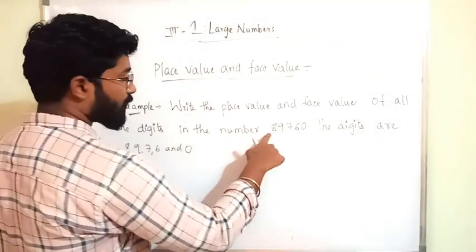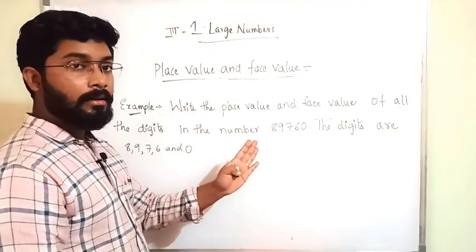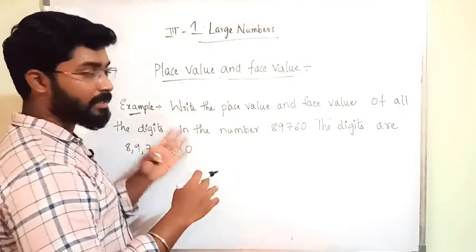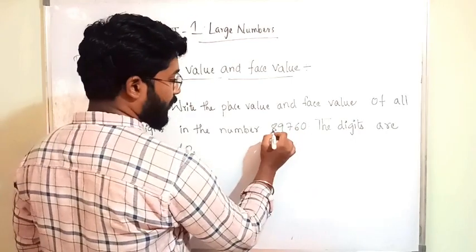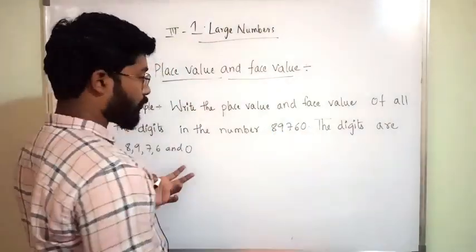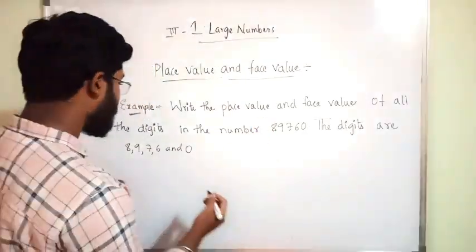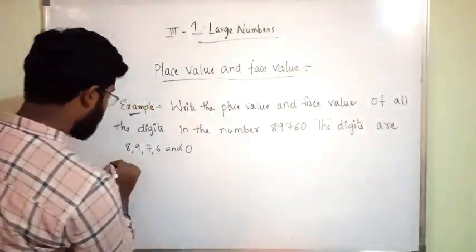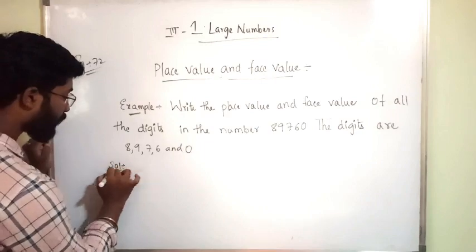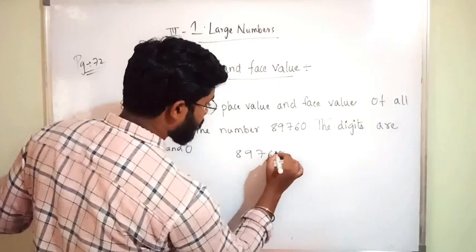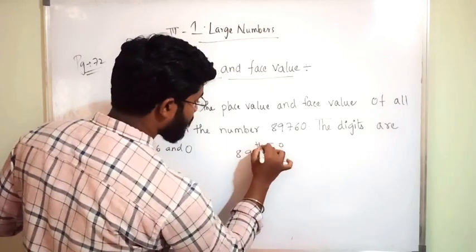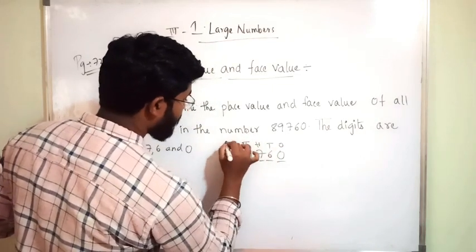So how many digits are there? For all digits he is asking place value and face value. Same like the previous example, but the number is different. So let us write this number. Solution: 89760. Ones, tens, hundreds, thousands, and this is in 10,000s.